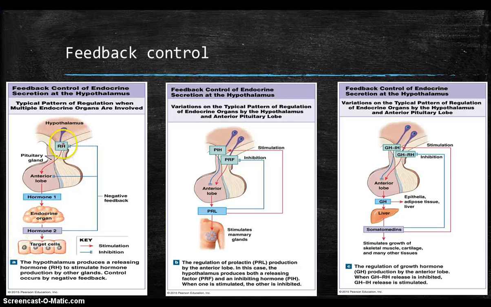The thyrotropin releasing hormone comes from the hypothalamus, comes down to the anterior lobe, and there thyroid stimulating hormone is released, goes to the thyroid gland, and from the thyroid gland then we get T3 and T4.